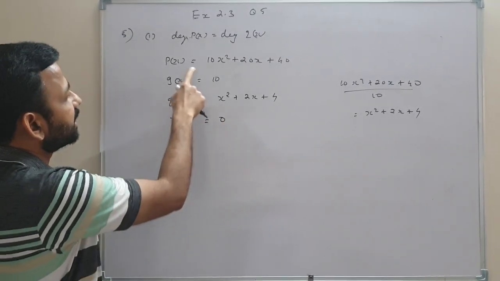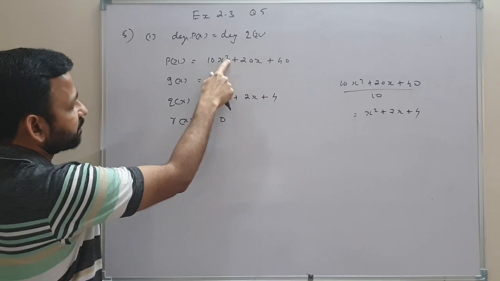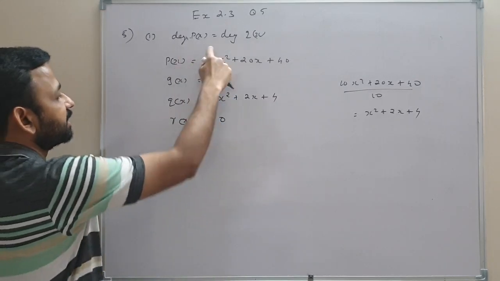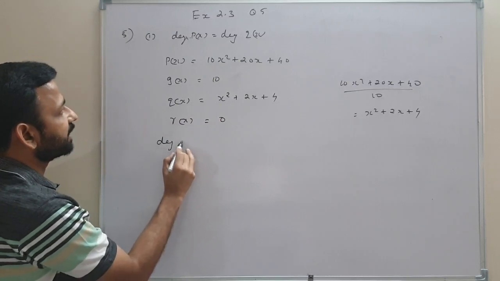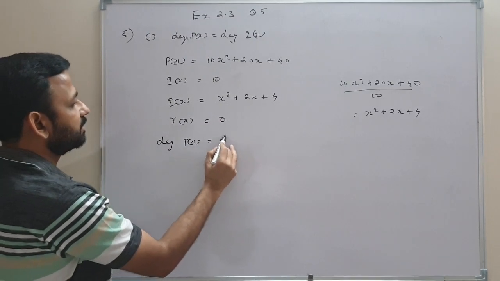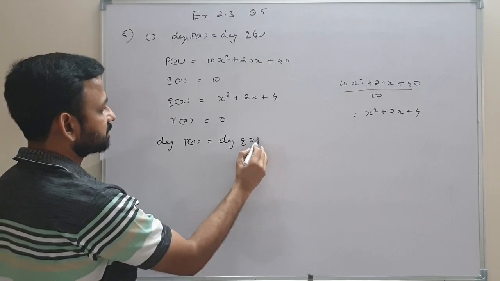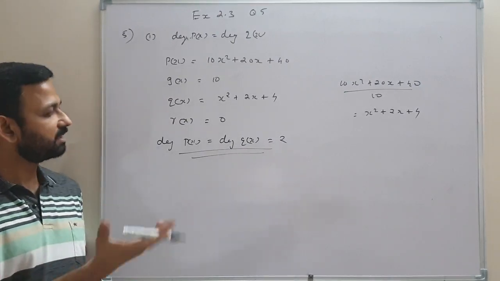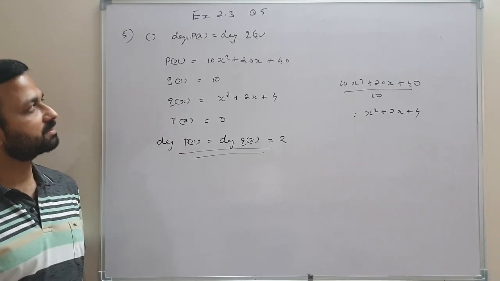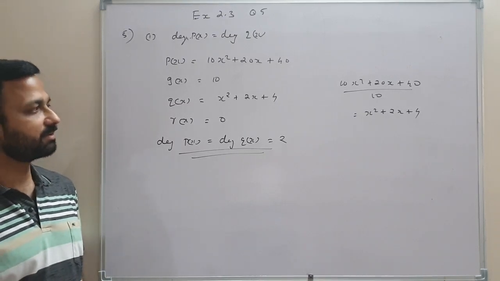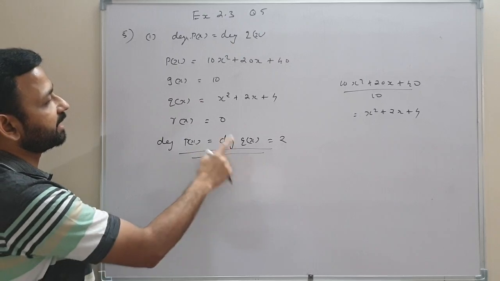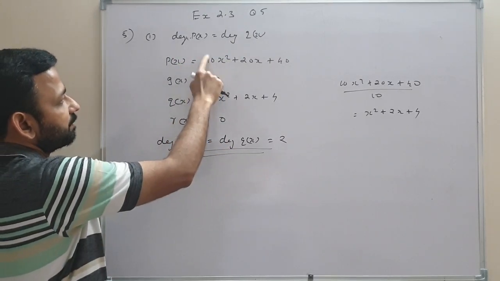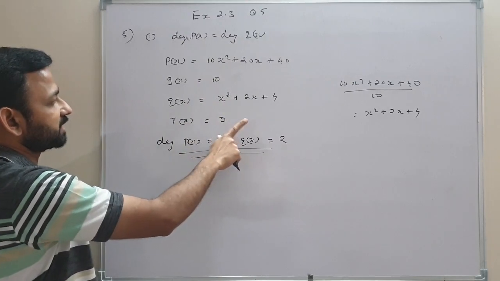Here the degree of p(x), the degree of this polynomial, is 2, and the degree of q(x) is also 2. So this is the condition. We can write the degree of p(x) equal to degree of q(x) equal to 2, same degree. r(x) can be any one of these, any 0 or any polynomial. The degree of p(x) and the degree of q(x) should be the same.